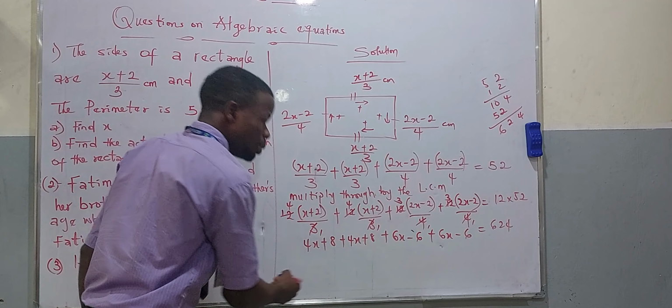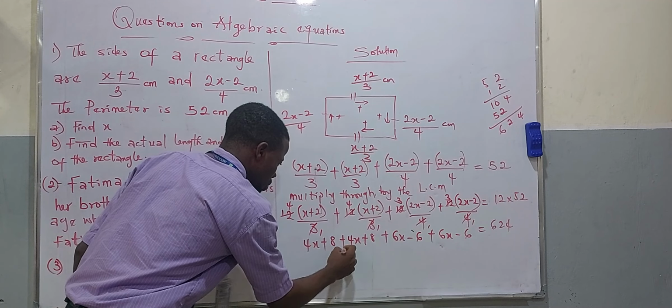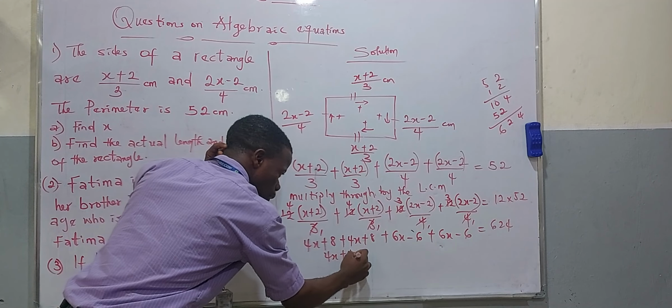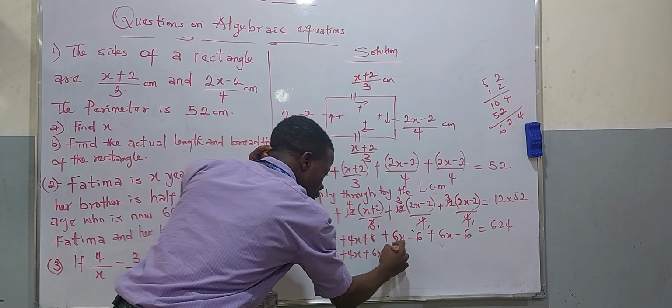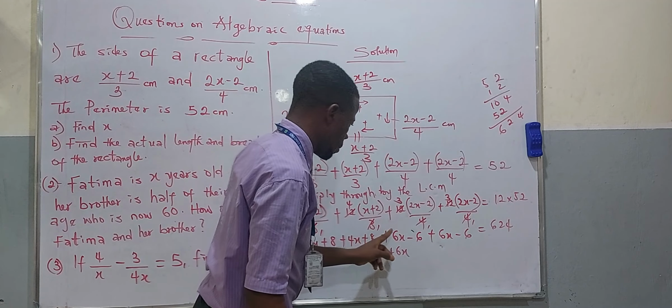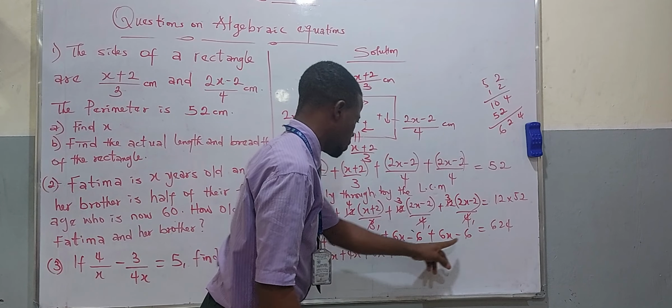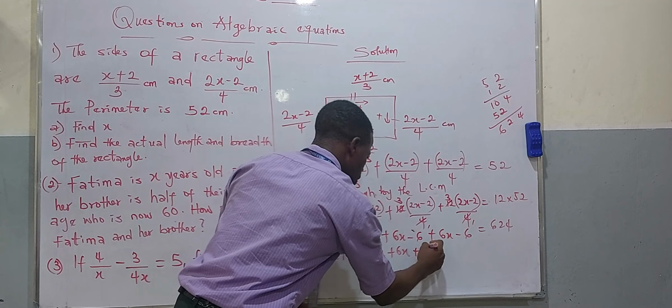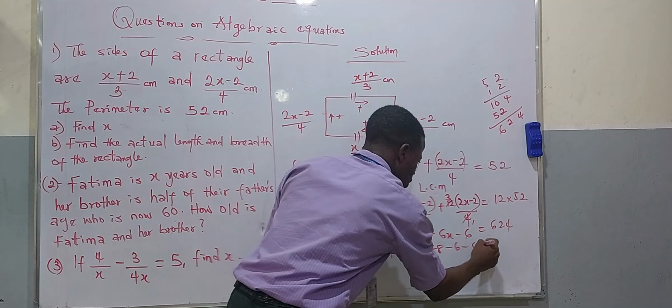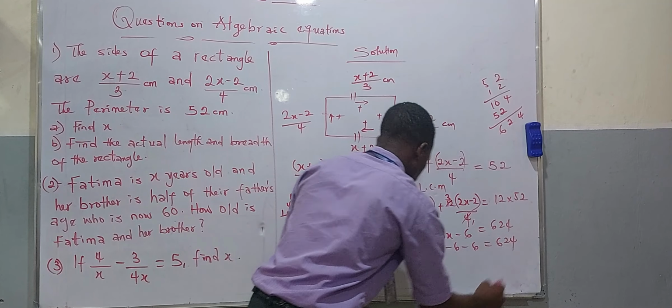So we can collect like terms. Collecting like terms, we have 4x plus 4x plus 6x plus 6x. Then the numbers: plus 8 plus 8 minus 6 minus 6. Everything is equal to 624, right?